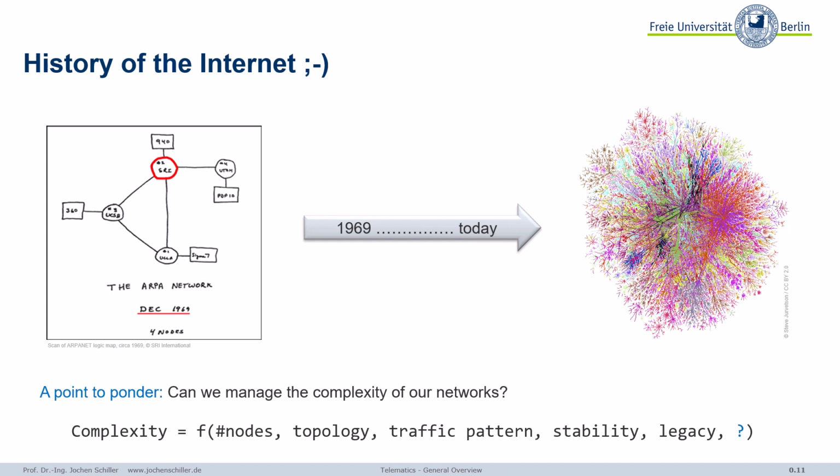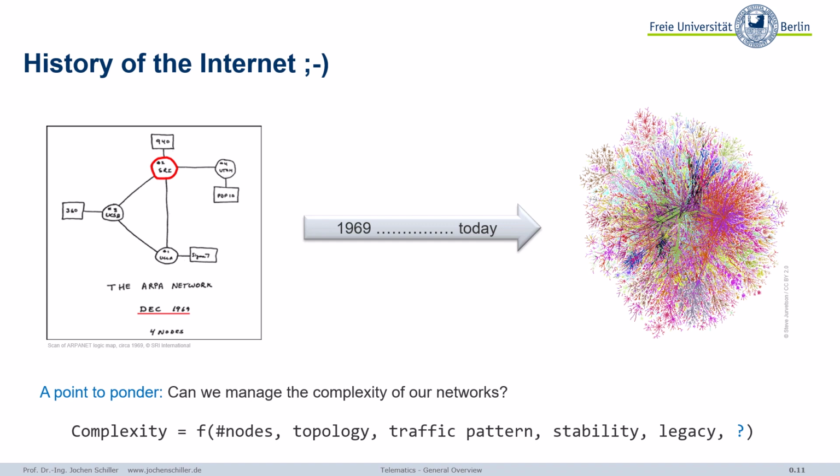This service relies on another service, relying on maybe many other services, which then again rely on, we don't know, and finally on some networks. And this complexity, we don't know exactly what it is, but it's a function of the number of nodes. And you just learned that with the Internet of Things, we have billions of nodes.